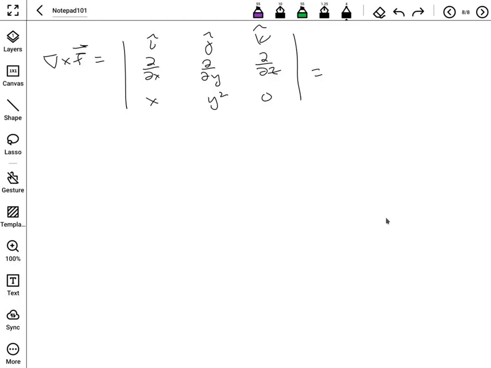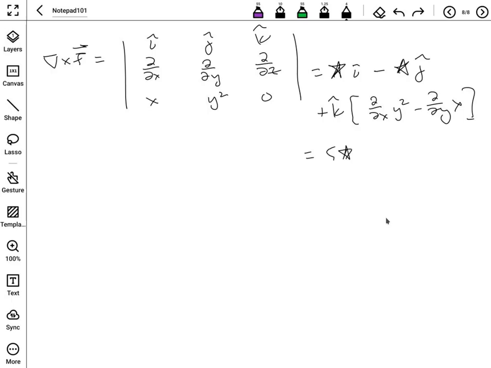So I've got something i hat plus something j hat, I guess minus something j hat if you want to be real particular about it. Those aren't ever going to affect my problem. I only care about k hat times d dx of y squared minus d dy of x. And that happens to be 0. That's my curl. I'm not even going to bother with the other components.